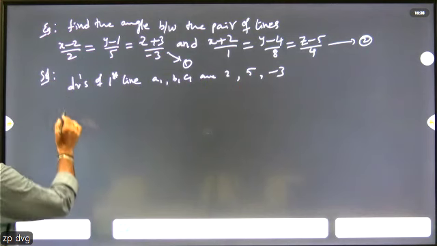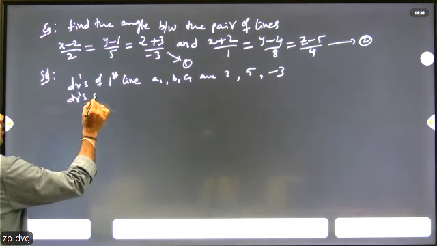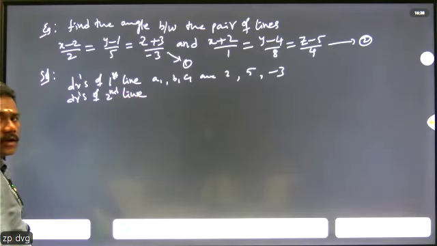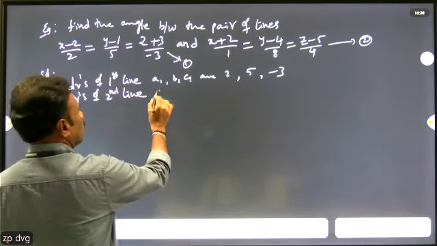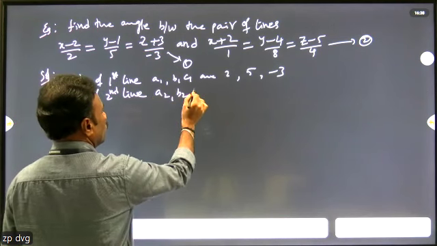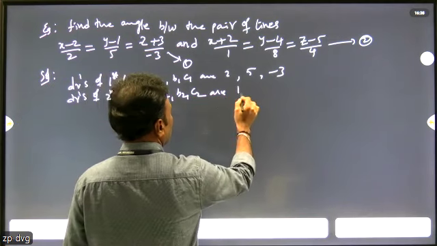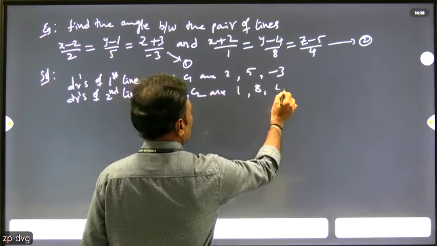And the DRs of the second line are A2, B2, C2, which you can take as 1, 8, 4.